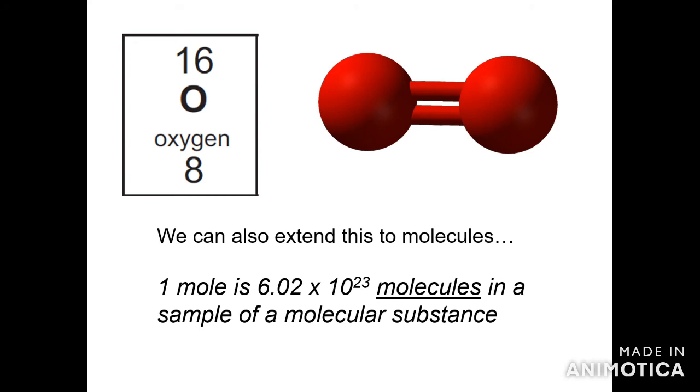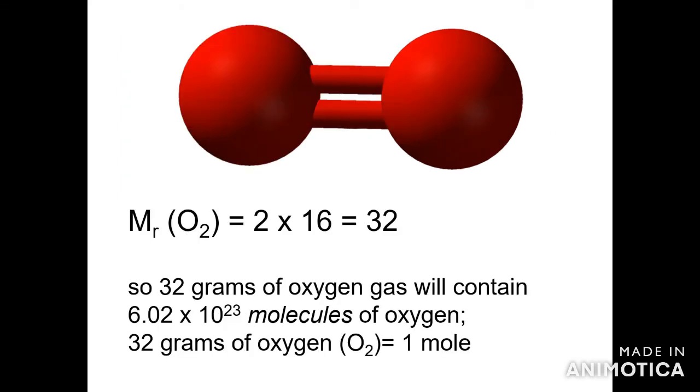And here we have got O2, which is a molecule of oxygen. The relative formula mass, as we've seen before, is 32. So 32 grams of oxygen gas will contain a mole of molecules. This many, 6.02 times 10 to the power 23 molecules of oxygen. 32 grams of oxygen, O2, would be the equivalent of 1 mole.